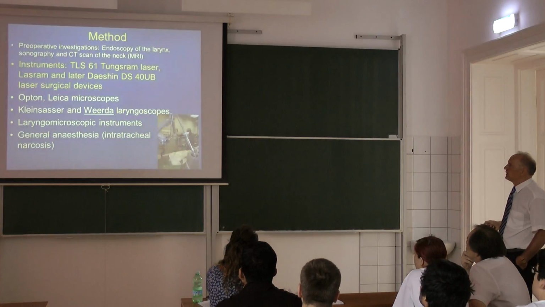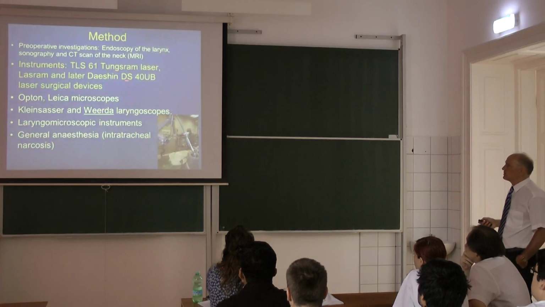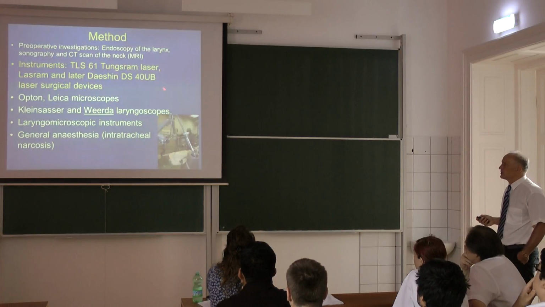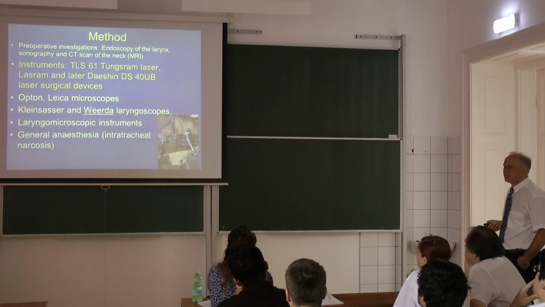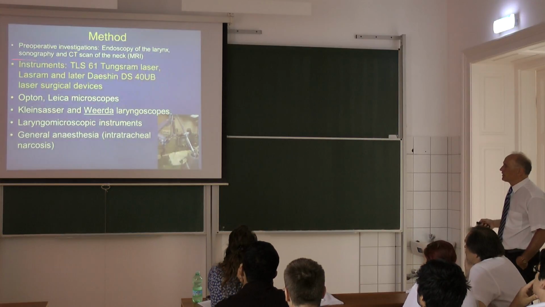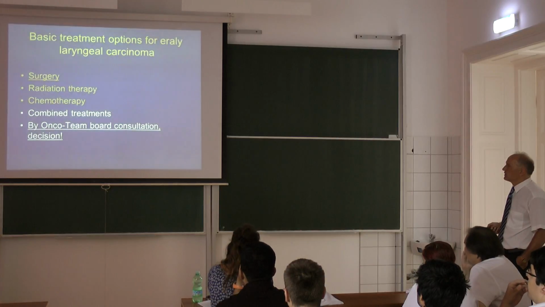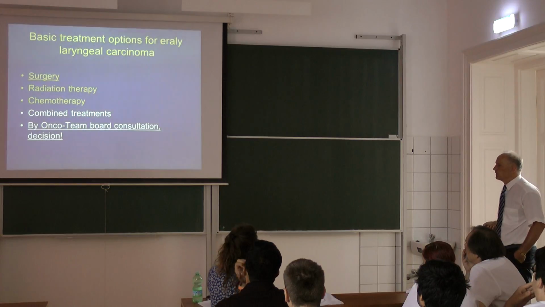We usually use different lasers; at the beginning we started with tungsten lasers, but nowadays we have a more sophisticated laser device, coupled with a microscope. This is the arm of the CO2 laser beam coupled to the microscope, and we perform this operation under general anesthesia.